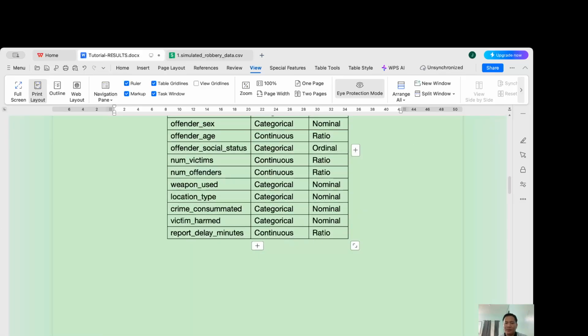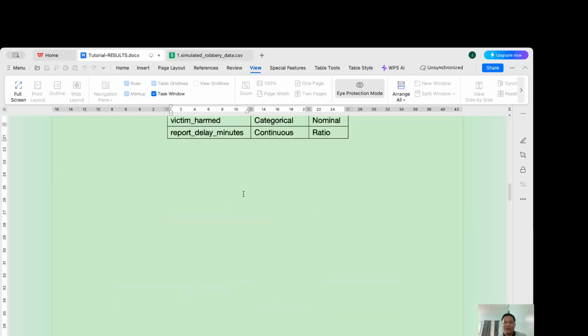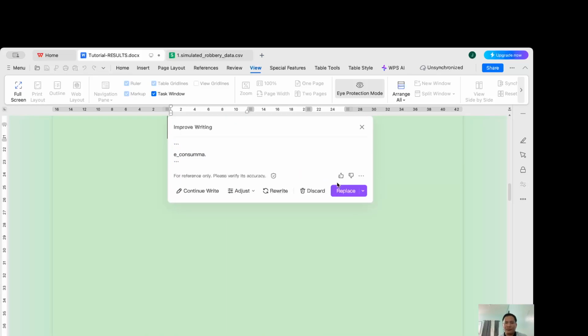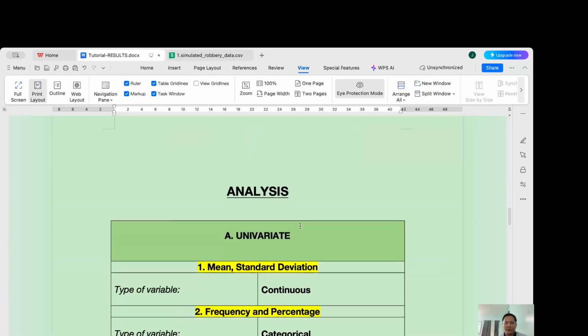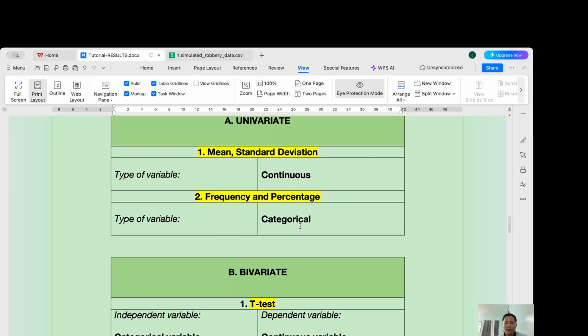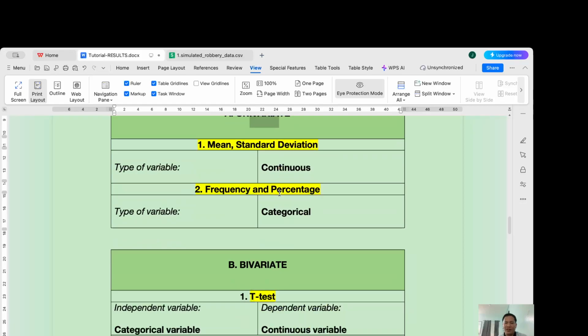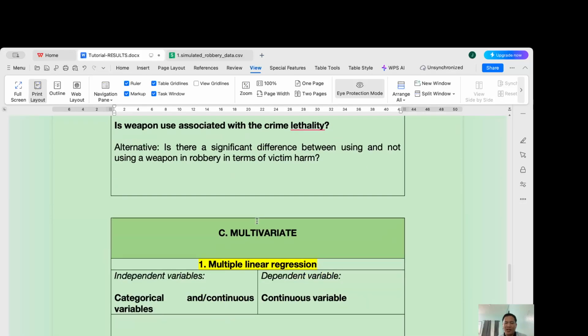For example, whether the victim was harmed or not, whether the crime was consummated or not. So apply frequency. So again, we will perform univariate, bivariate, and multivariate analysis.